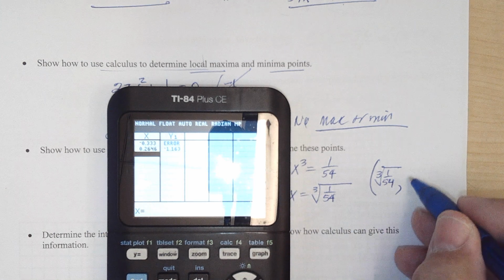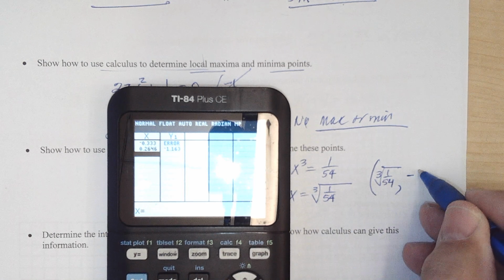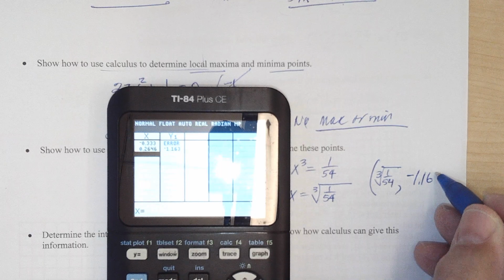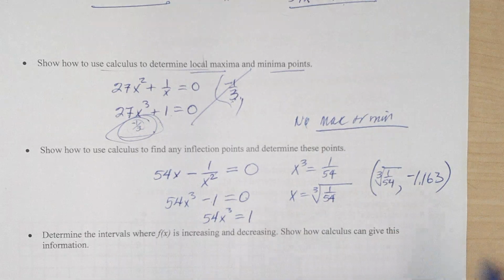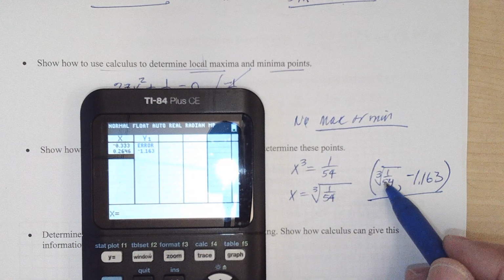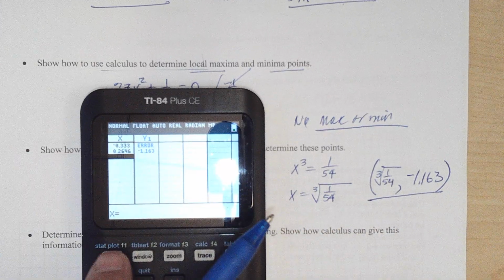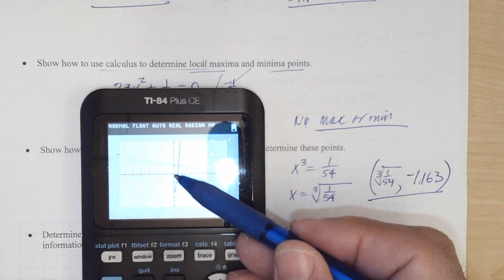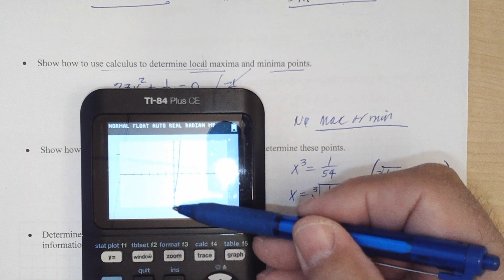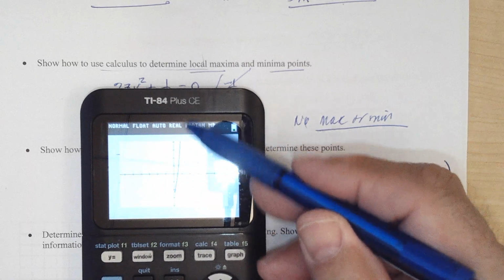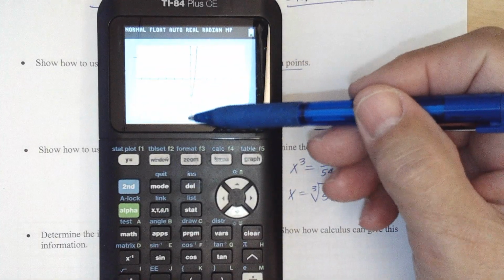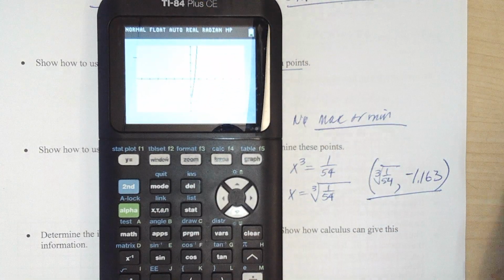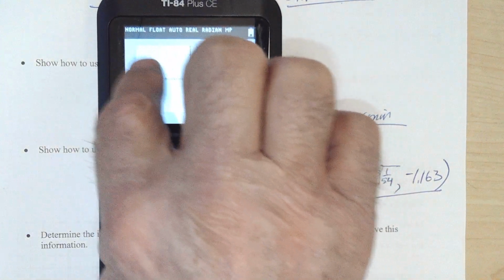And it says it's negative 1.163. That's the inflection point. This is really small, 0.2. If I look back at the graph, at 0.2, this changes from curved down to curved up in there. Hard to see on this graph. Curved down to curved up. I'd really have to expand that to see that.